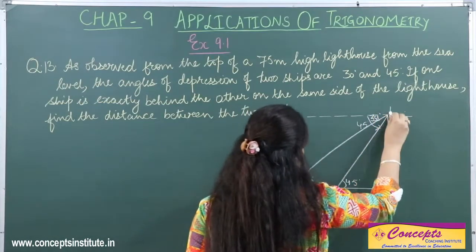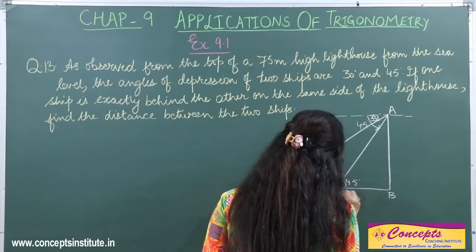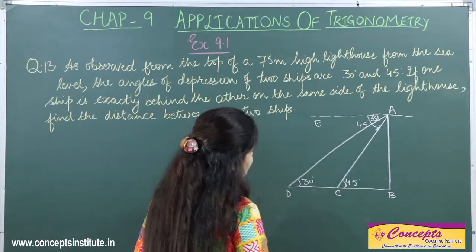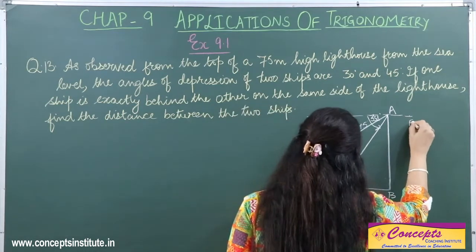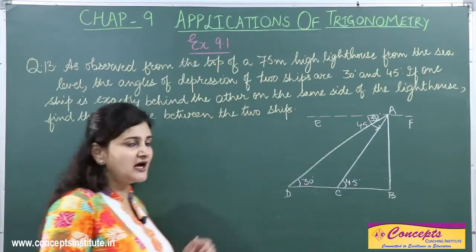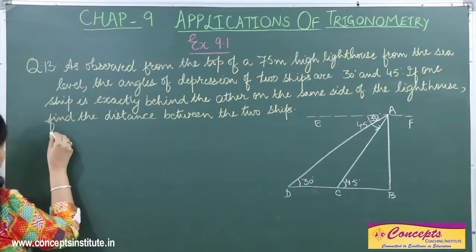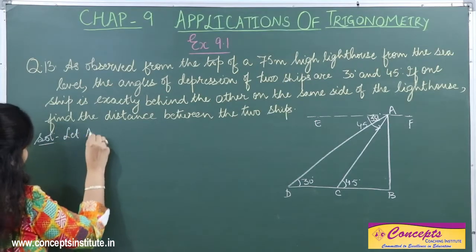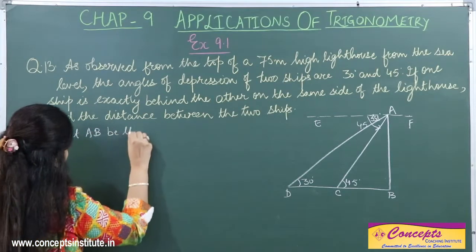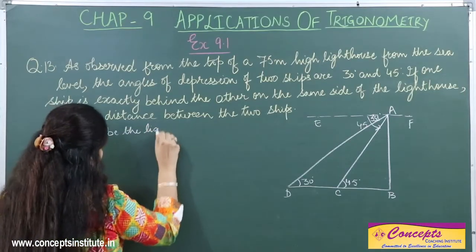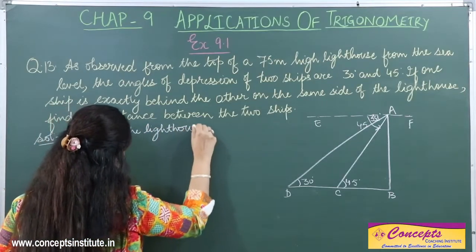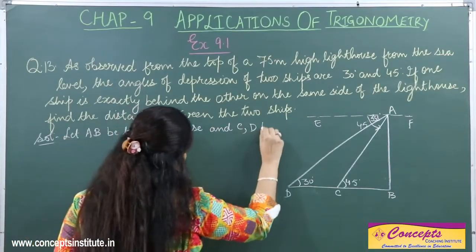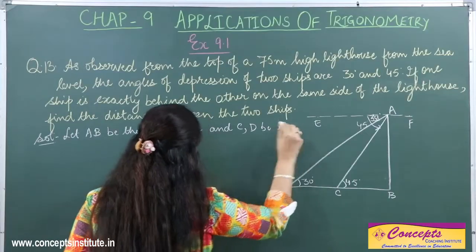Now let me just name everything. It is A, B, C, D, and let's just name this also as E and F. Right students? Now we have AB is the lighthouse. Let AB be the lighthouse and C and D be the two ships.